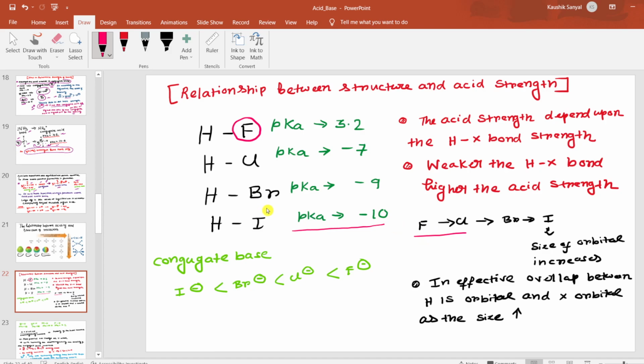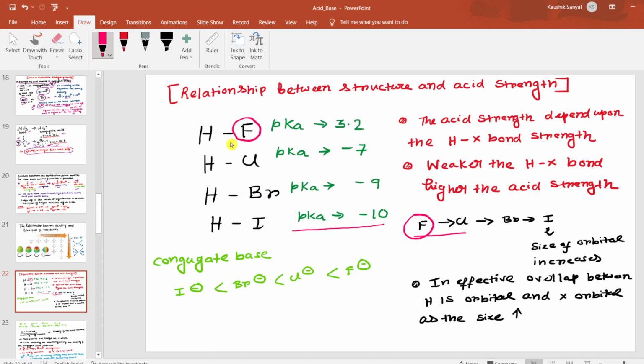Because of that, there is a mismatch in the overlap of the hydrogen s orbital and the orbital of the halide ion. The hydrogen s orbital is small, but as we go from fluorine to iodine, the size of the orbital of the halide ion increases. Because of that mismatch in the size of the 1s orbital of hydrogen and the orbital of the halide ion, the bond becomes weaker.